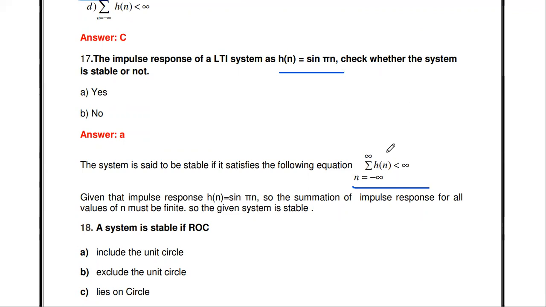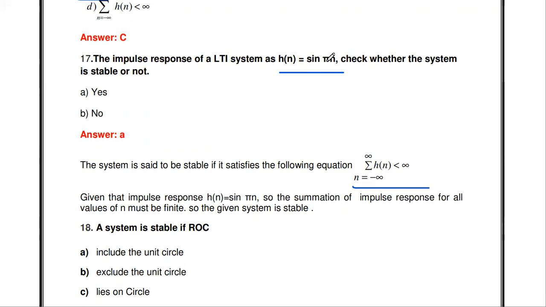In this formula you just substitute the value of h of n. So summation n equal to minus infinity to infinity of sine pi n. You substitute the value of n from minus infinity to infinity in this sine pi n. So first, in the center, n equal to 0.